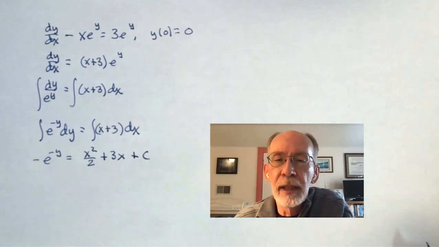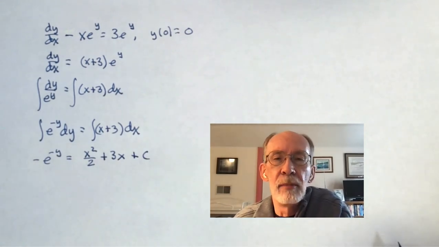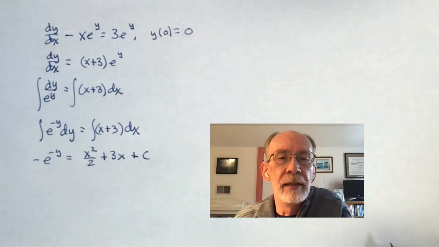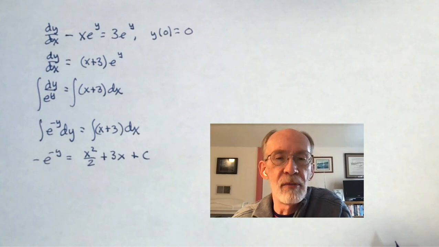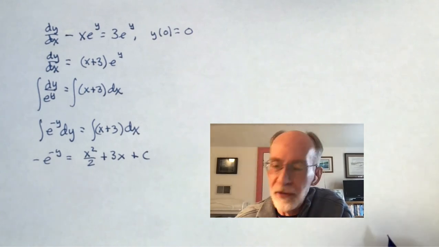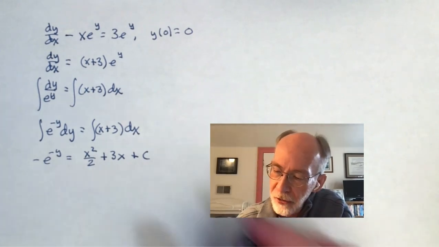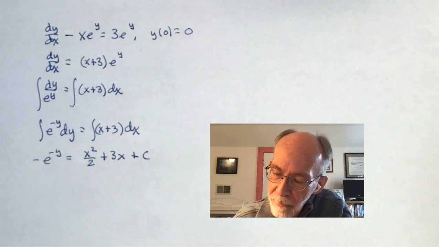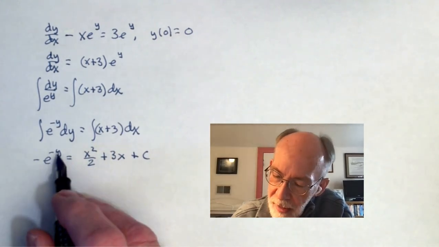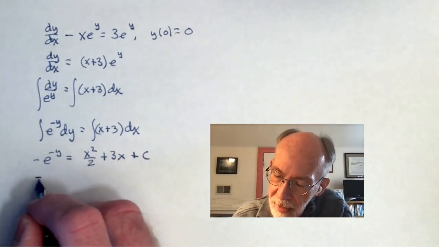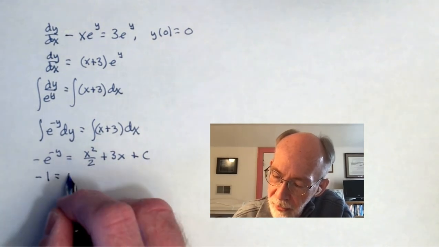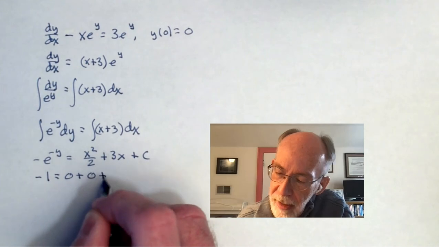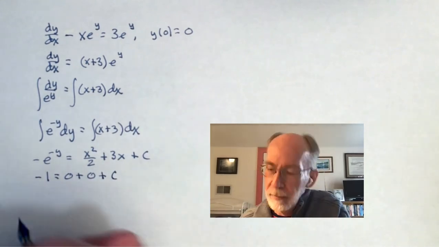This is usually the best time to plug in and figure out your c, because you tend to have things in a sort of more opened up, if you will, format. So if I plug in 0 for x and for y, e to the 0 is 1, with a negative sign out in front is -1. We've got 0 plus 0 plus c, and so c is -1.